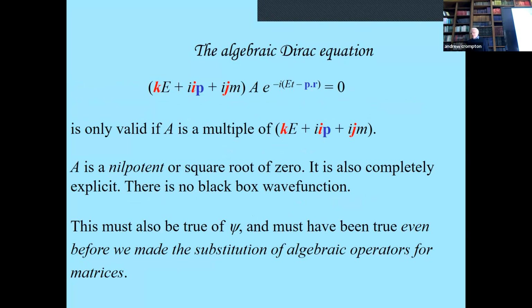So we found something out about the wave function we're using. It's a nilpotent. It's a square root of 0. It's also completely explicit. There's no black box. There's no size. We got rid of all that. You know exactly what it looks like. And this must have always been true because we multiply from the left, so it must have always been true before we even multiplied it.